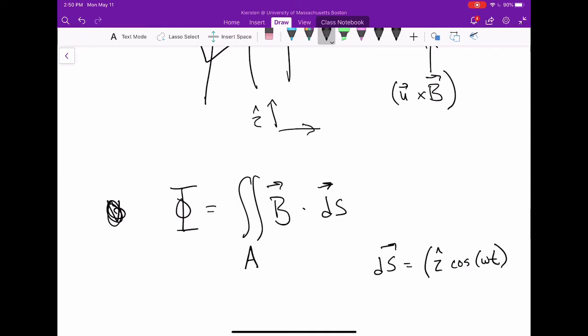And I'm going to have to the right be x, so it's going to be plus x hat sine of omega t.